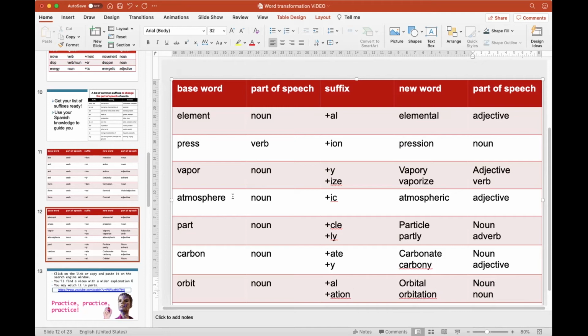No, an adjective. An adjective, yes, depending on its place in a sentence. Yes, because the suffix al is for adjectives. Yeah, it could be a noun and it can also be an adjective.